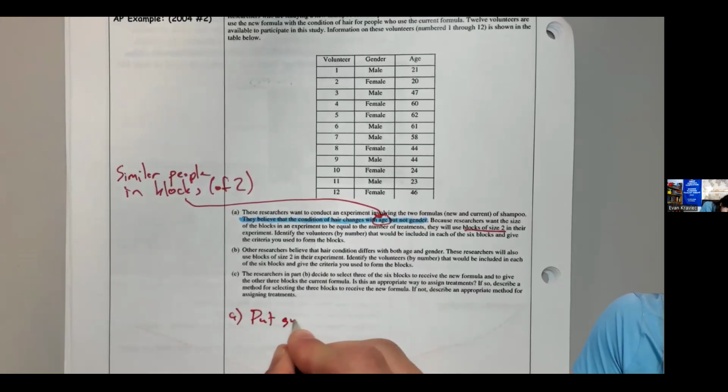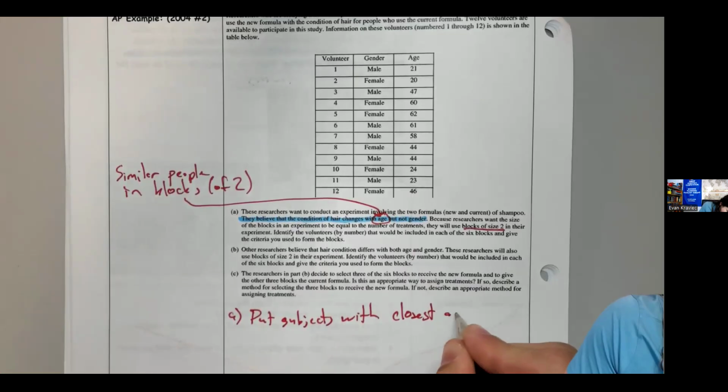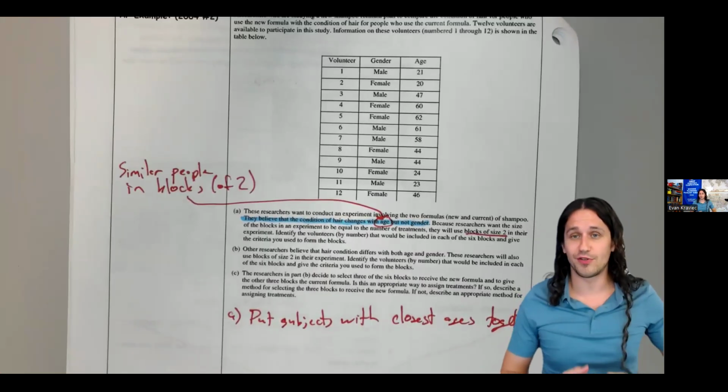Put subjects with the closest ages together. How are you going to do that? Don't just say put subjects with closest ages together.